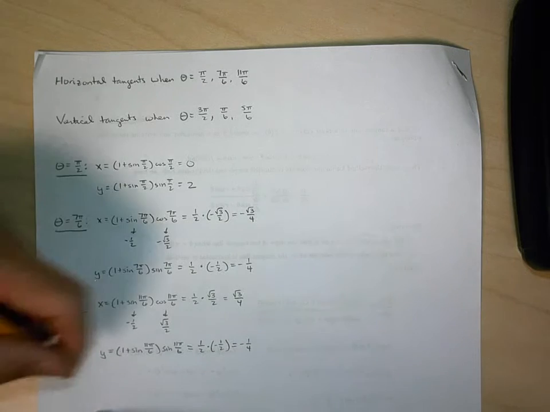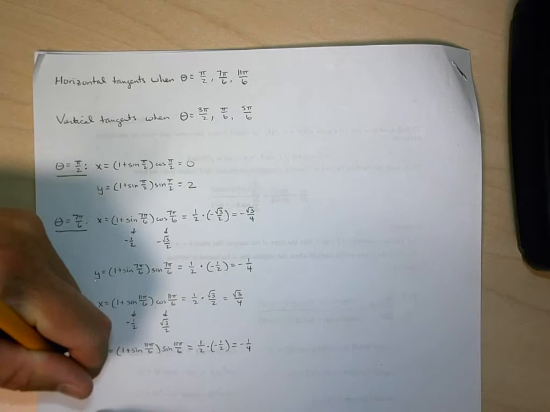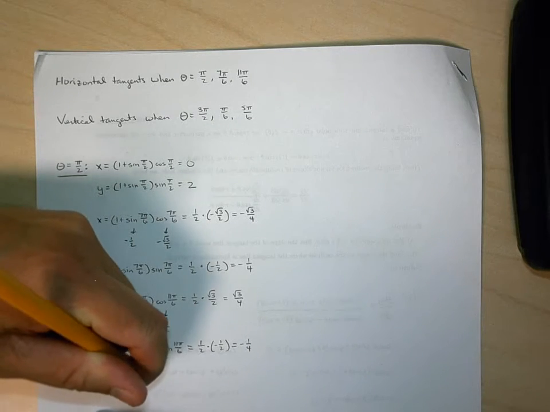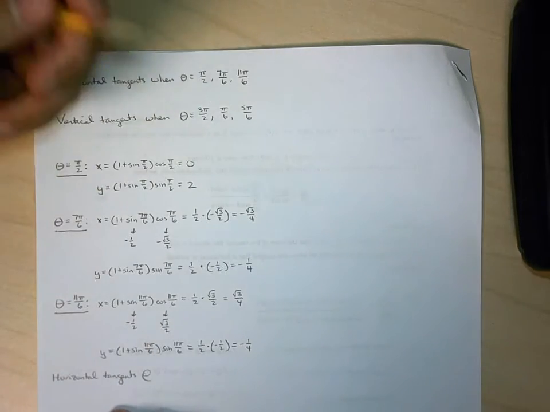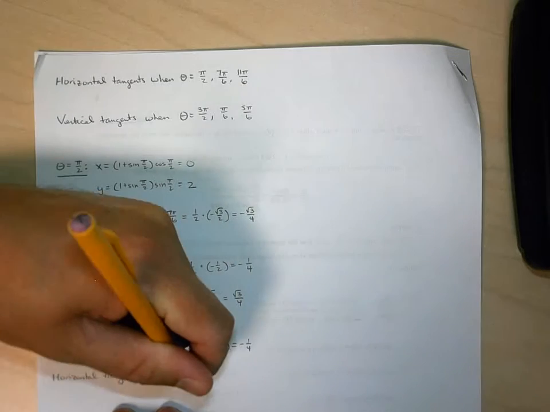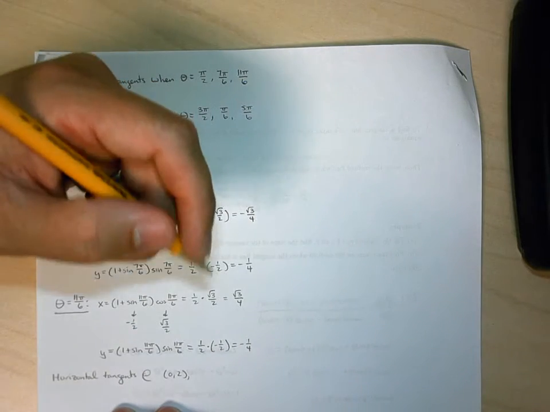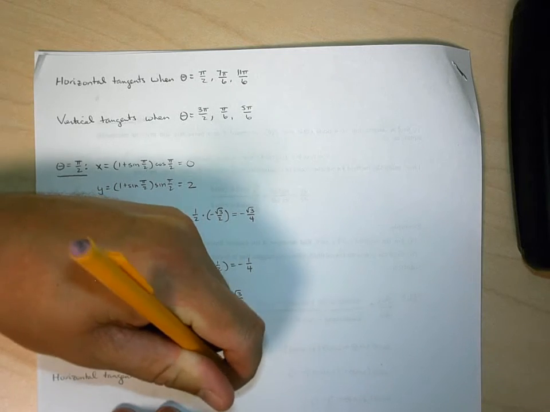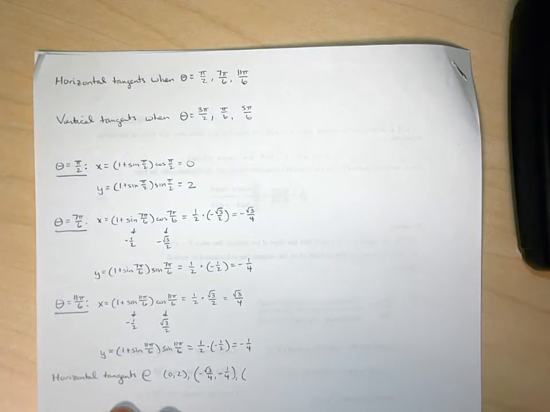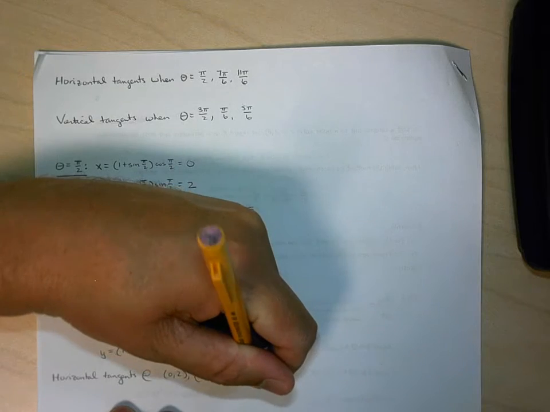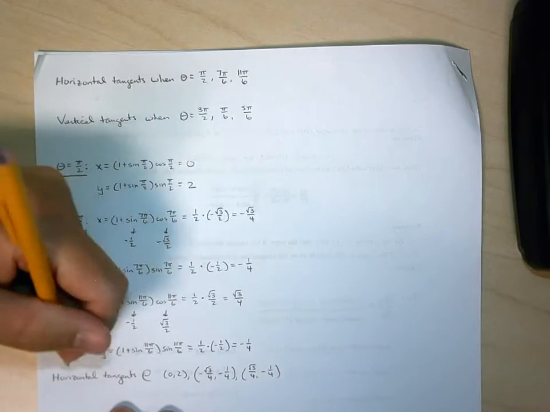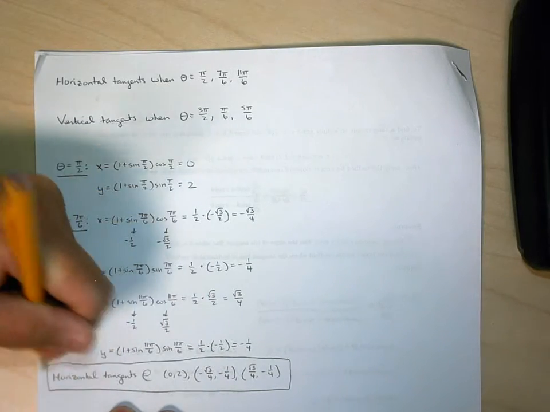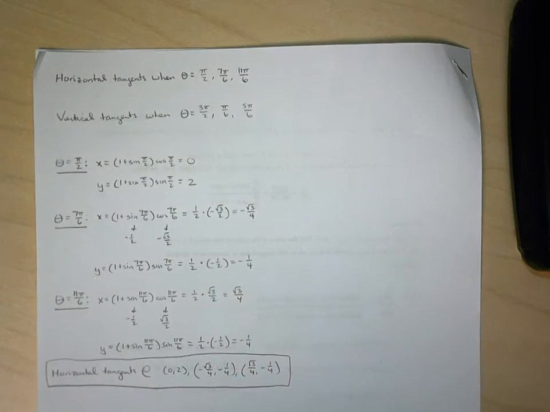So I have horizontal tangents at 0, 2, negative root 3 over 4, negative 1/4, and positive root 3 over 4, negative 1/4. So that takes care of my horizontal tangents.